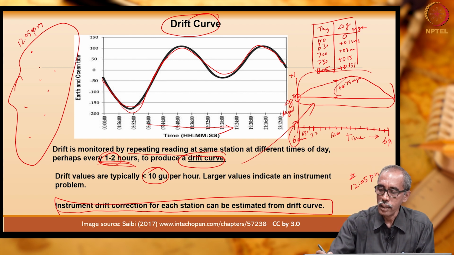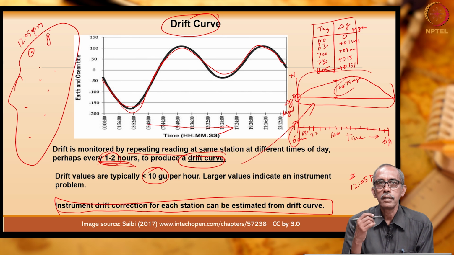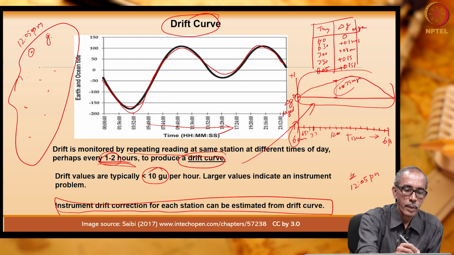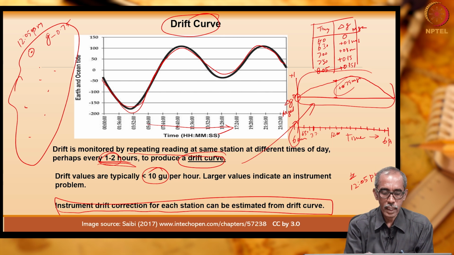That means at the unknown station, the G value which you have measured is likely to be higher by 0.75. So, subtract 0.75 from the value you have got. This is what is known as drift correction, right.